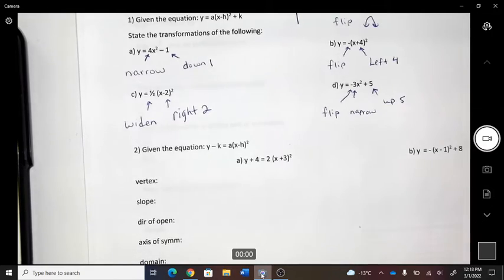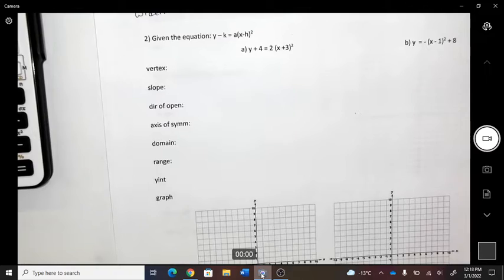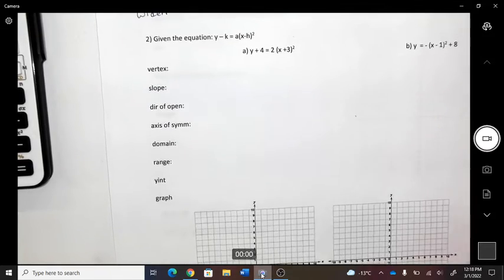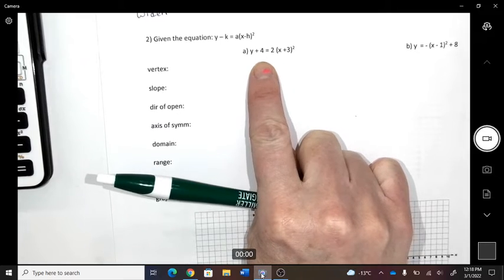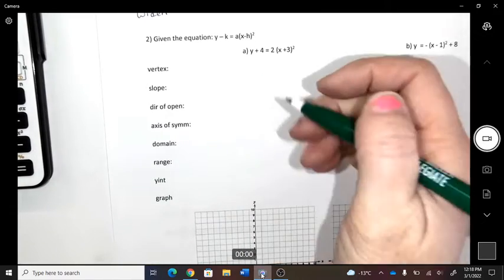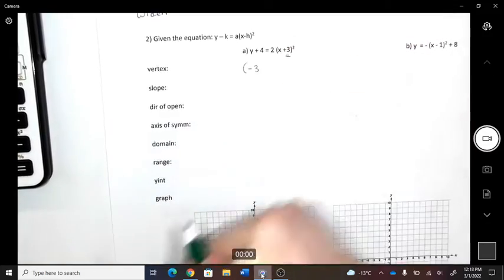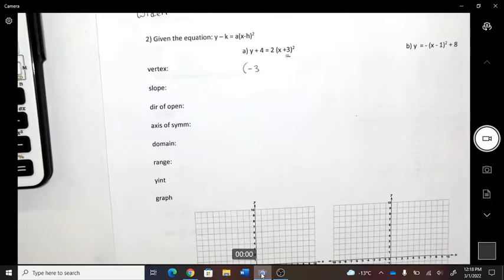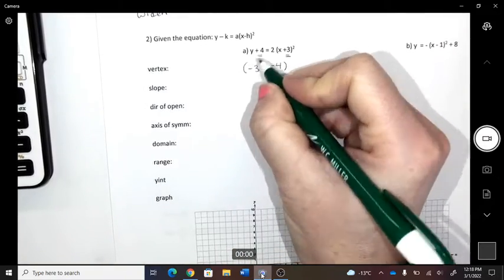Okay, next one was when we talked about standard form. Okay, so it looks like the following. We did vertex. So what's the coordinate of this vertex? So it should be -3, comma, -4.